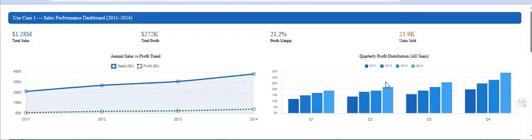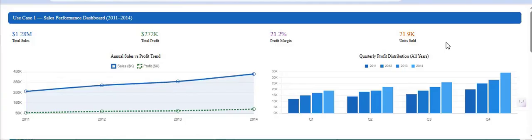So these two charts and these 4 KPIs, what is the business story? What is this dashboard telling the CEO? If I am the CEO and I open this dashboard in the morning, here is what I know in under 30 seconds. My business made $1.28 million in 4 years. I kept $272K as profit, a 21% margin.